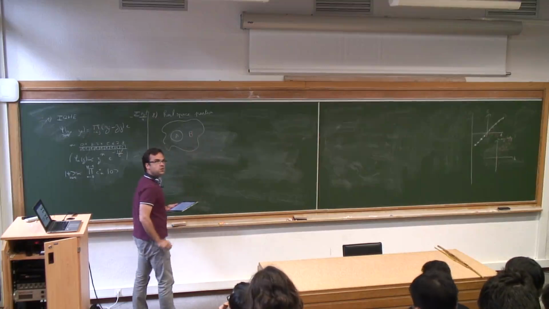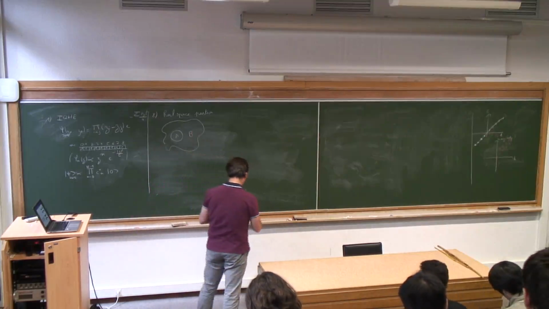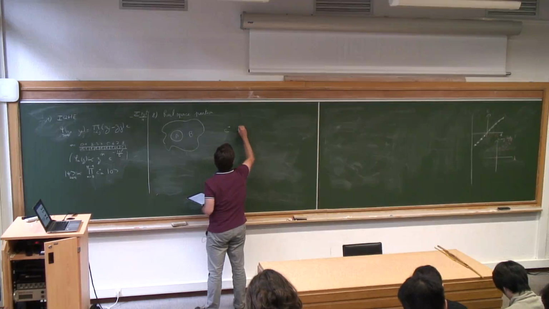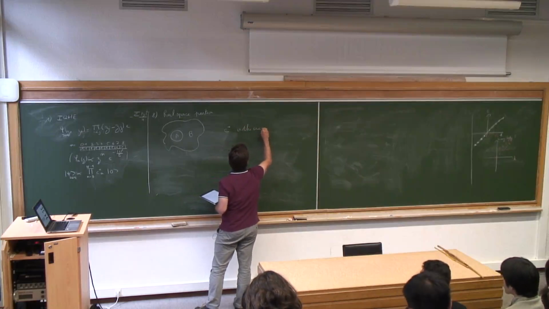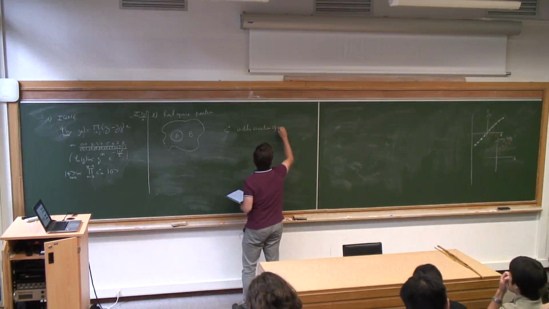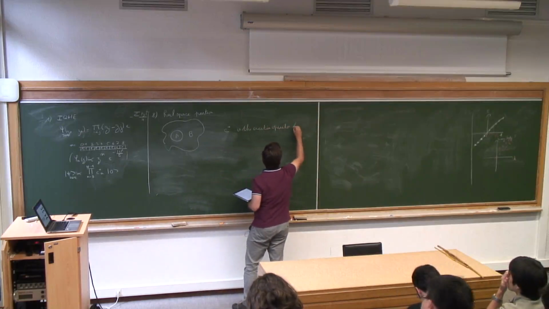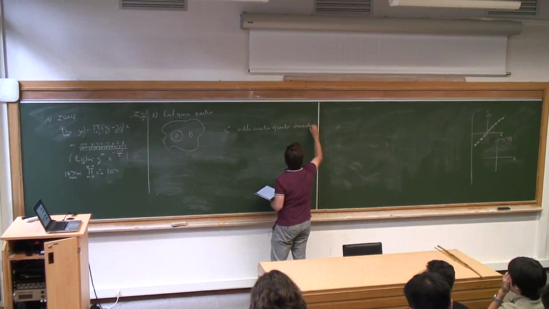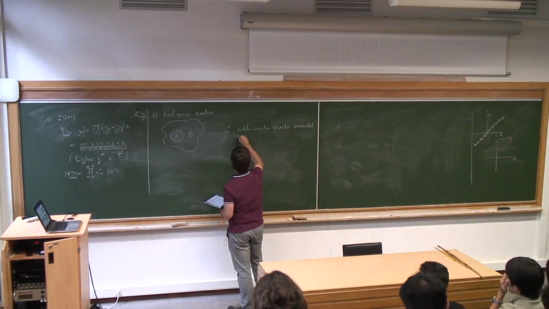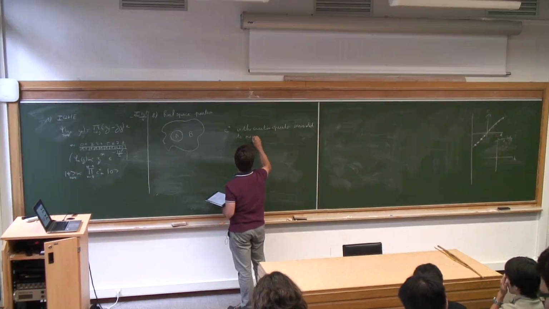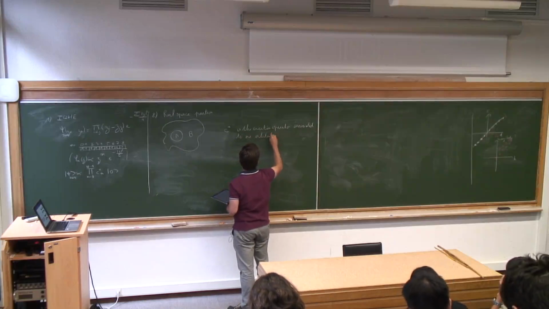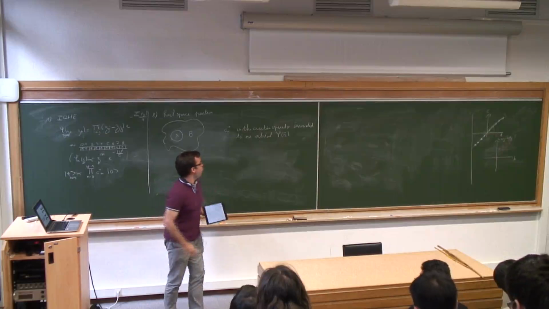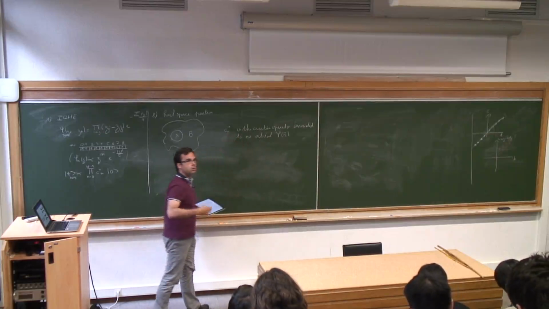Imagine you cut your system into 2 parts, A and B. And let's say C dagger is a creation operator associated to one orbital. So that's the wave function in real space, and that's just the creation operator corresponding to this orbital.